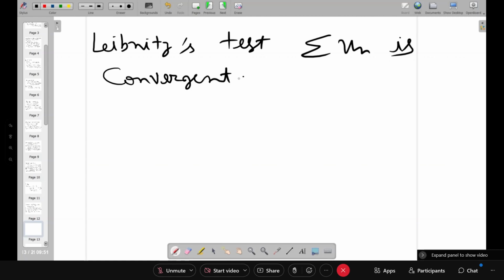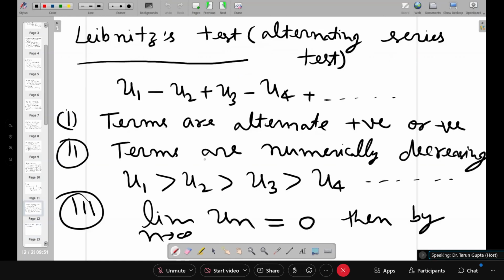If not equal to 0, then oscillatory will be there, because of the alternate positive negative.